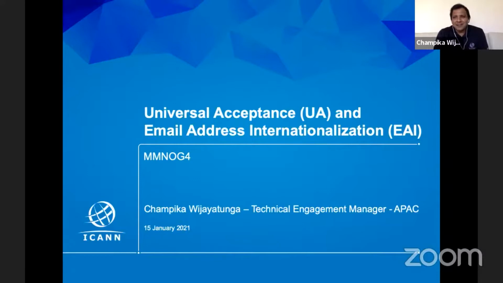So my presentation is going to be on universal acceptance, or simply UA, and also email address internationalization, simply EAI. So let us try to get into some definitions and understand what we are trying to achieve here.